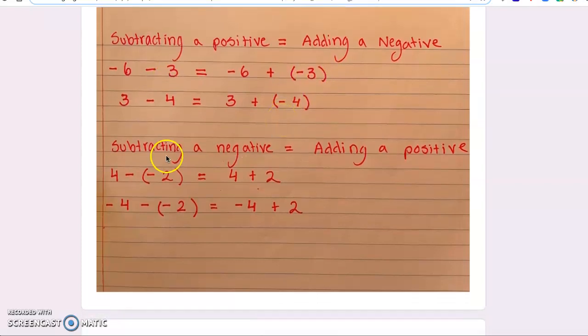Now the difference is subtracting a negative is adding a positive. So, we learned this yesterday, for 4 minus -2, what it's saying here is take away the negative from the 2. So that equals 4 plus 2.